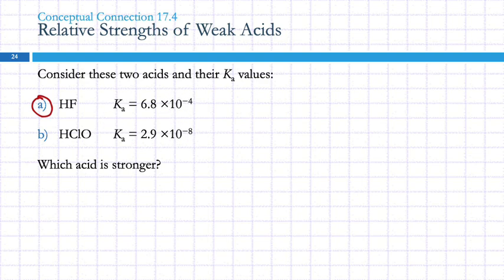They can play tricks on you. Right? The smaller negative exponent is bigger. If they were positive, it would be the reverse. So this equilibrium constant, Ka value, is larger because more of it ionizes. There's more product than there are for the other one.